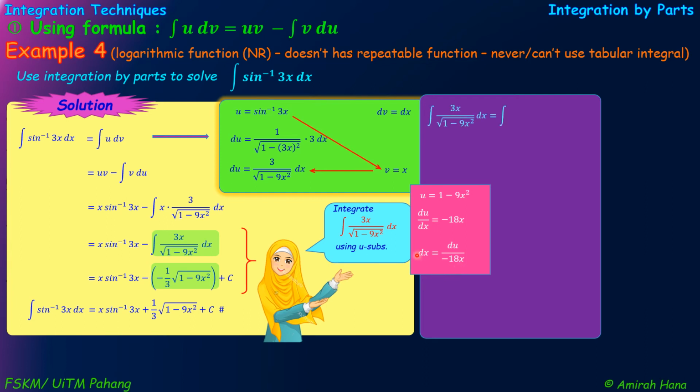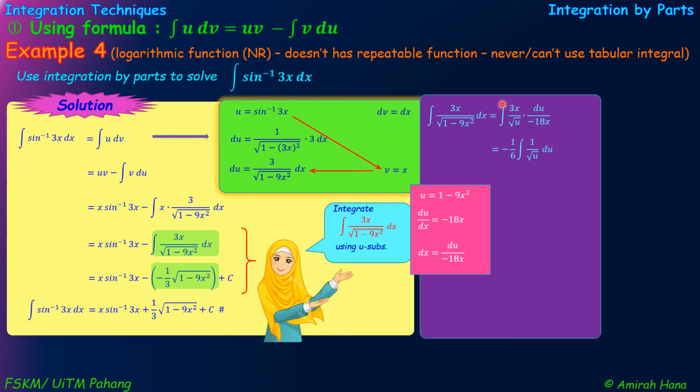Right? And after that, from integration of 3x over square root of 1 minus 9x squared dx, we can write equals integration of, we still have numerator 3x over, we replace 1 minus 9x squared with u. And then times, we replace dx with du over negative 18x.